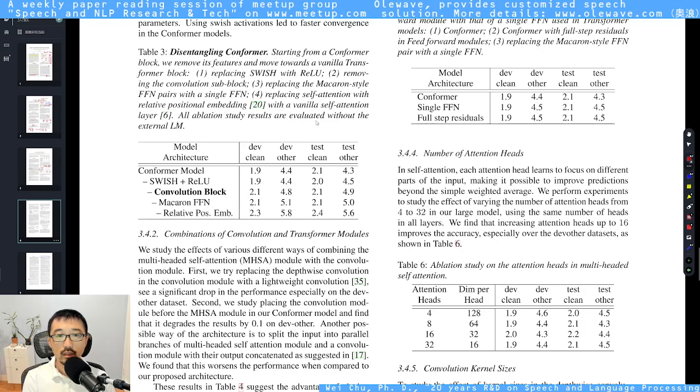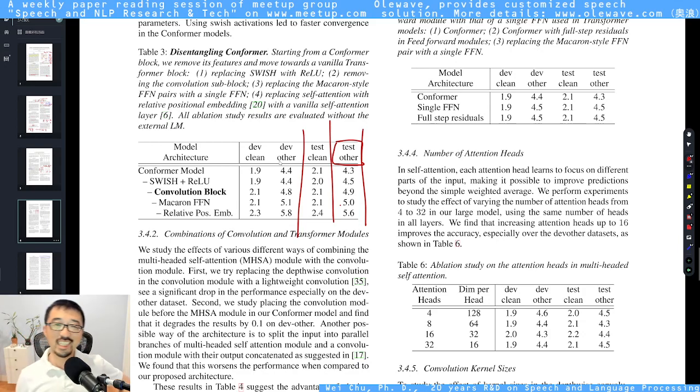I would suggest just looking at these two columns, especially this column, because if you look at test clean, you won't see much difference most of the time. And I think it's wrong to look at the dev clean, because for a LibriSpeech task, right now everybody uses the dev set for tuning the model.